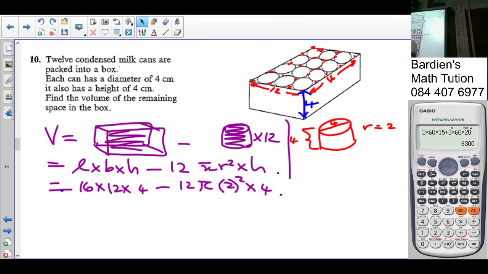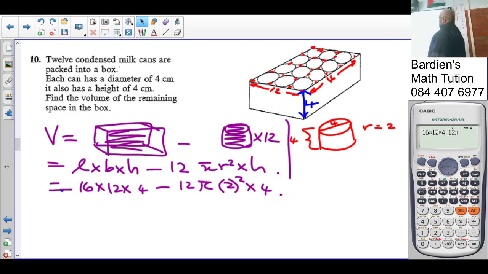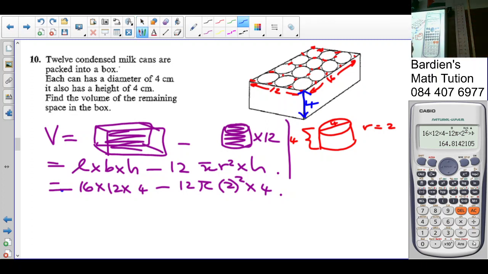So we go 16 times 2, 12 times 4, minus 12 pi, 12 pi r squared, 2 squared, times 4. That gives you 164,81 centimeters.